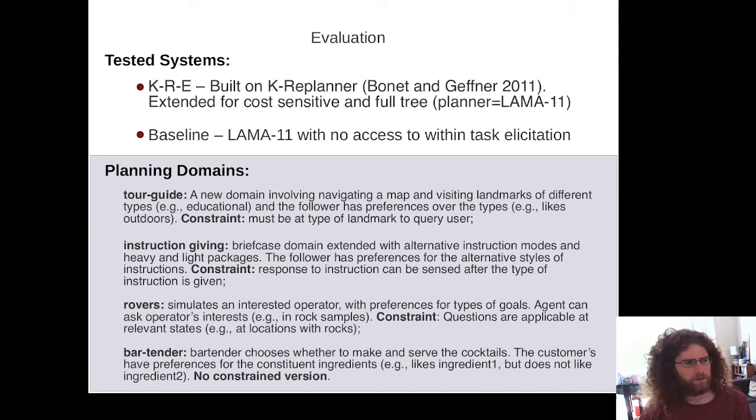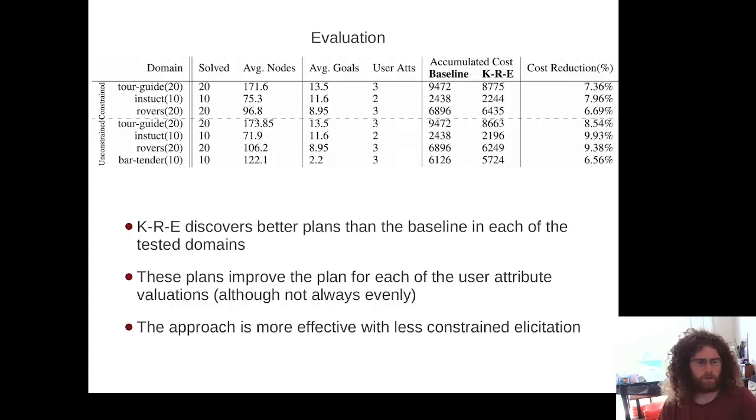We've got constrained versions where elicitation is constrained, and unconstrained when it is not. So here's the table of results showing the reduction in cost against the baseline, and the constrained versions are above the dotted line. So our approach discovers better plans than the baseline in each of the test domains, roughly 5 to 10% in each domain.